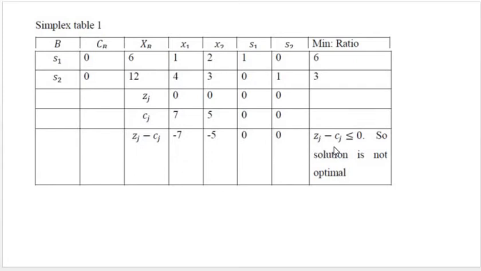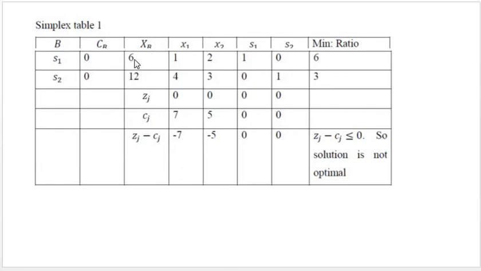Now since the Zj minus Cj values are not all greater than or equal to 0, the solution is not optimal. Therefore we need to improve the solution. For that, look at the most negative Zj minus Cj value, that is minus 7. So select this column and then calculate the minimum ratio corresponding to entries in this selected column with respect to values in XB.